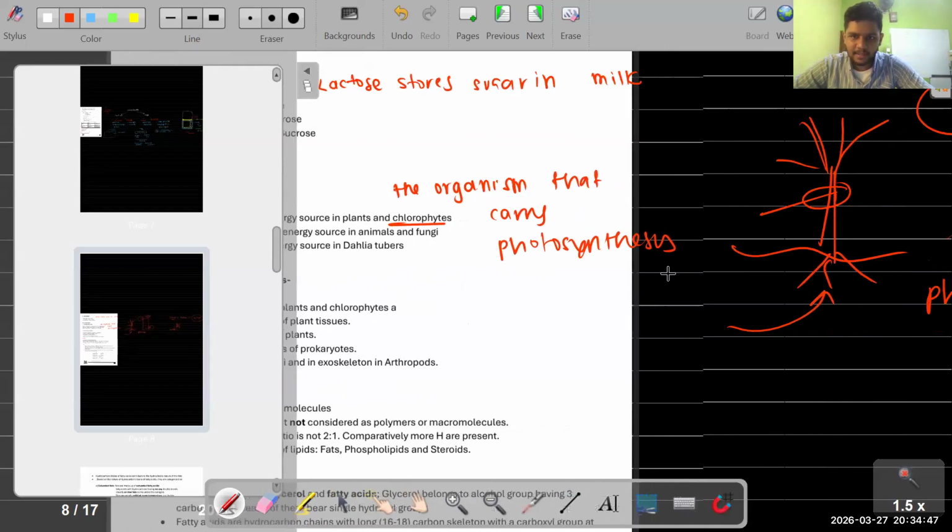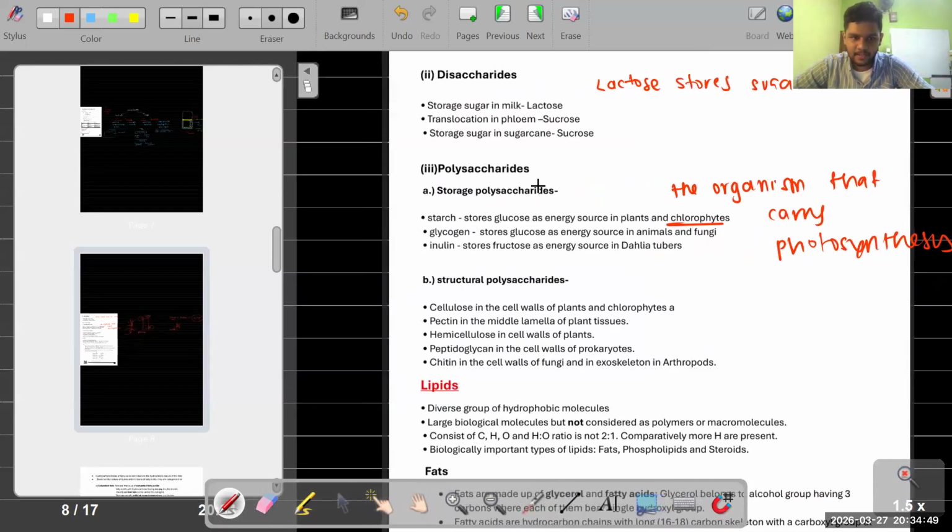I hope you can understand the middle lamella part. I explained to you guys, right? I hope it is clear. Is it clear for all, the middle lamella part? Because it is new to you all. You haven't come across middle lamella in your O levels itself. A student joined a bit late.